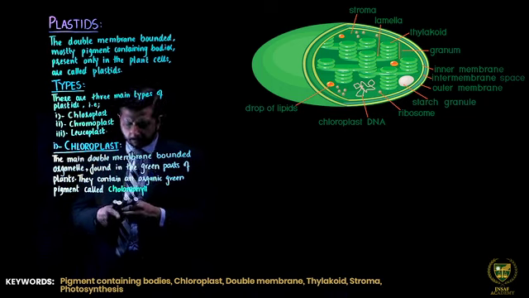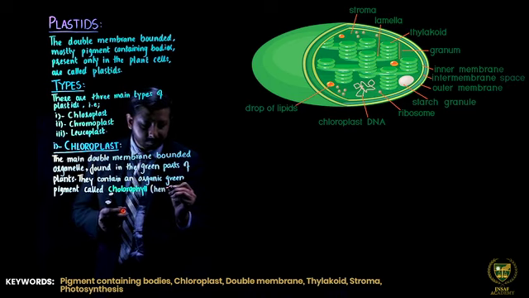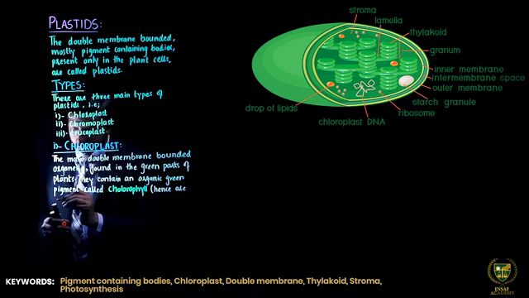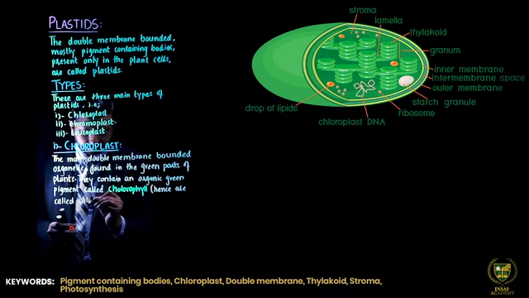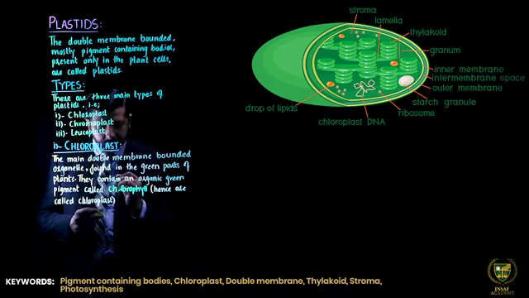Hence, they are called as chloroplasts, because of this green pigment. Clear? So, chlorophyll.